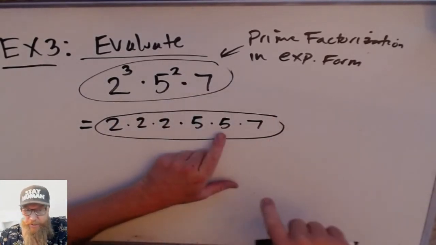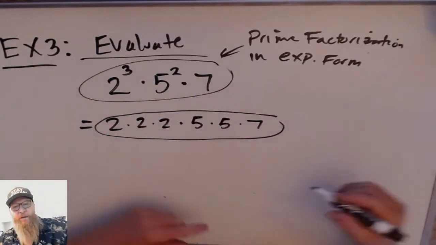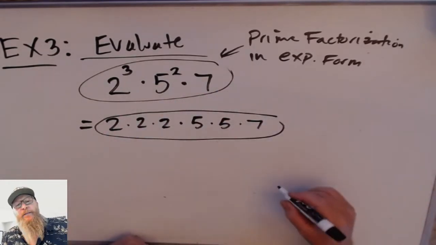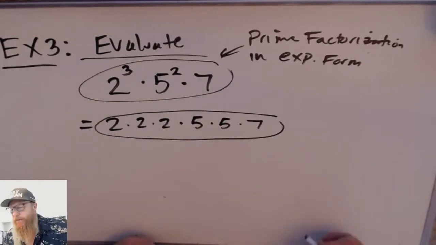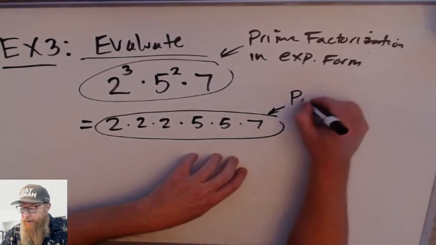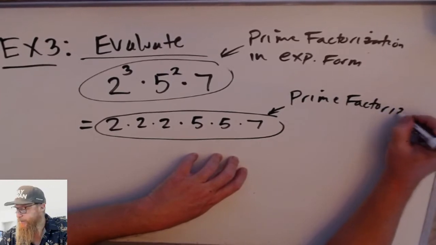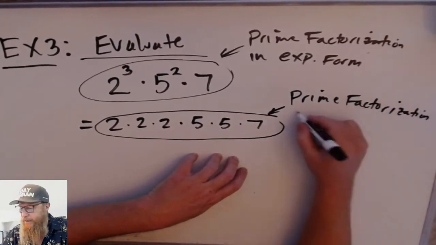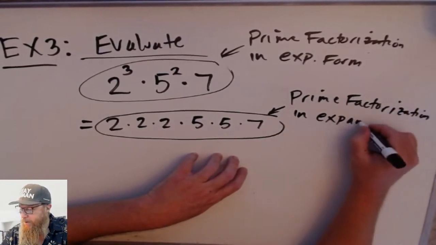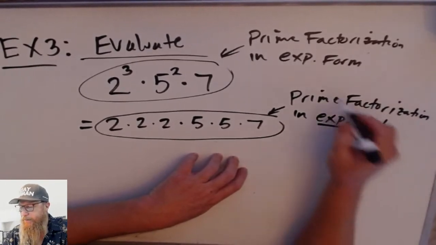By the way, that's why I changed my mind at the last second. And then times just 7. So technically, there's an invisible 1 right here, but I'm not going to write it. So this is a prime factorization. These are both considered prime factorizations in expanded form.